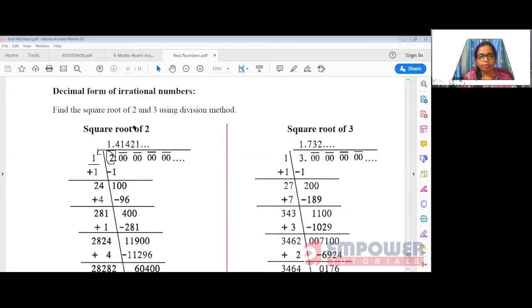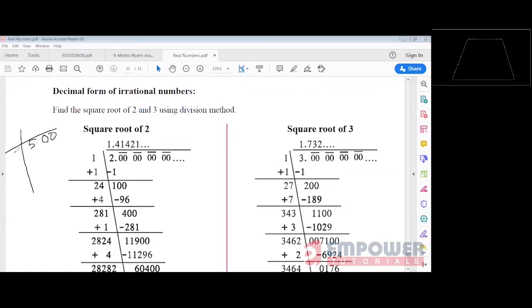Now many of you must have a doubt. If we want to find the square root of 5, in that case are we going to take 4 here, since 4 is the perfect square?